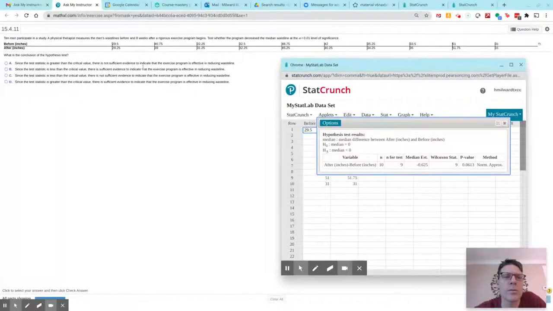So we just want to get rid of the two "is"s, right? It should either be A or C because in both of them we're not rejecting the null hypothesis. The only difference between the two is since the test statistic is less than the critical value, and since the test statistic is greater than the critical value.